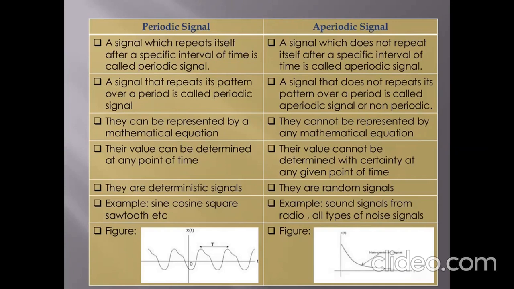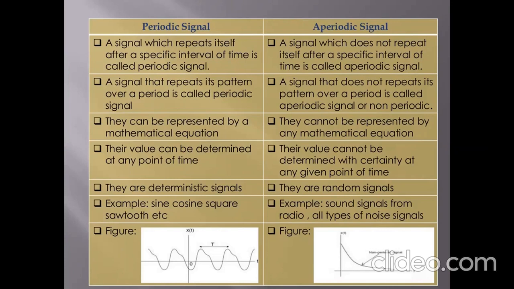Third, periodic signals can be represented by a mathematical equation, while aperiodic signals are not represented by any mathematical equation. For a periodic signal, the value can be determined at any point of time, while for an aperiodic signal, the value cannot be determined with certainty at any given point of time.